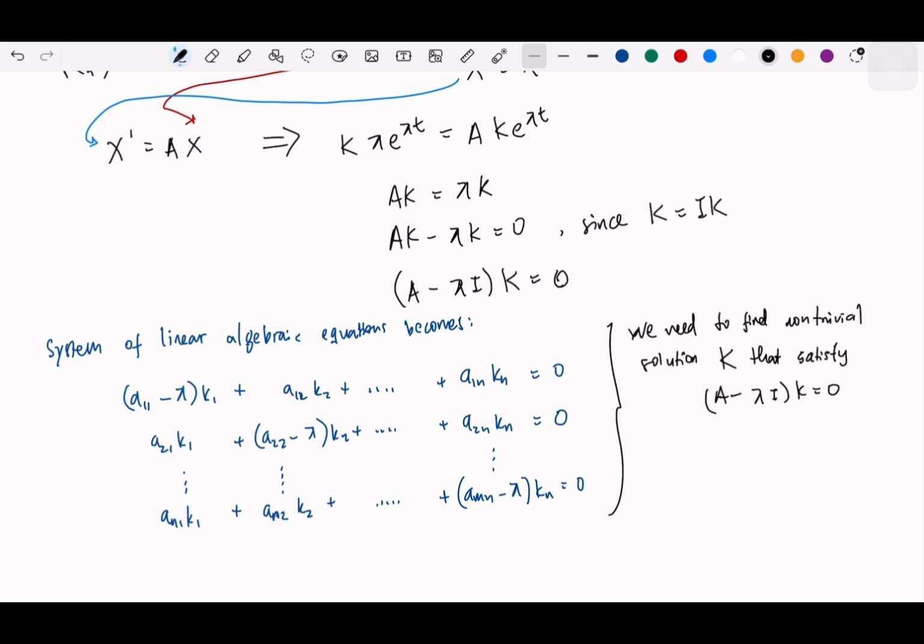Now to get k, again we are going to set the determinant to get the eigenvalues.